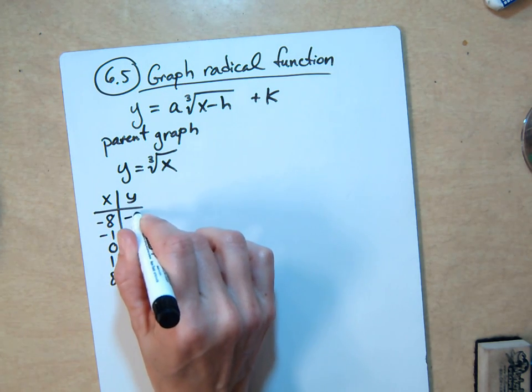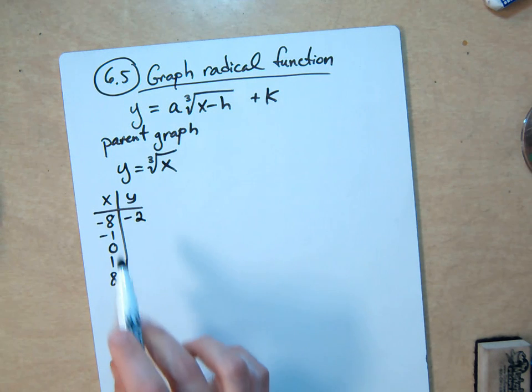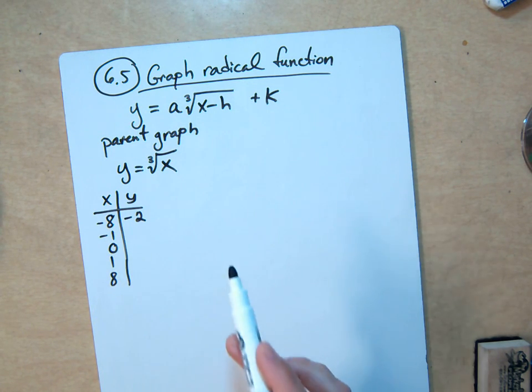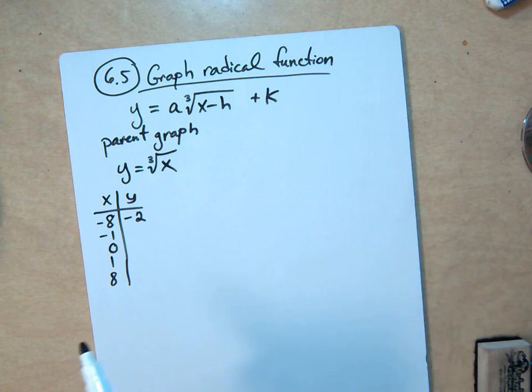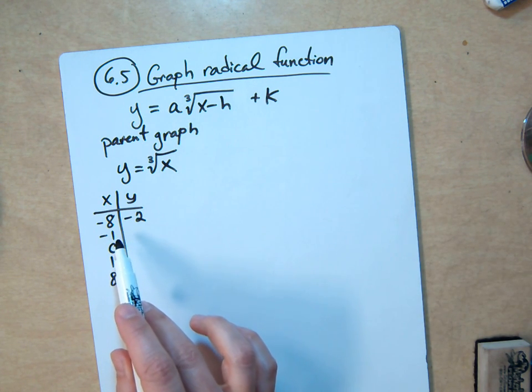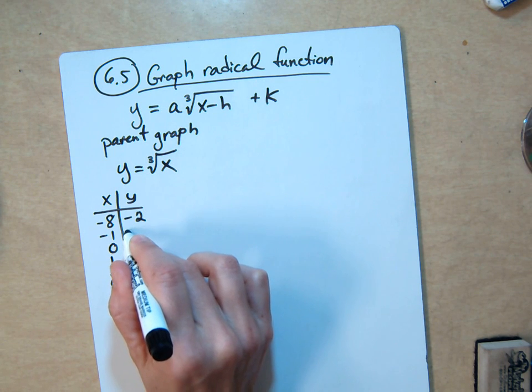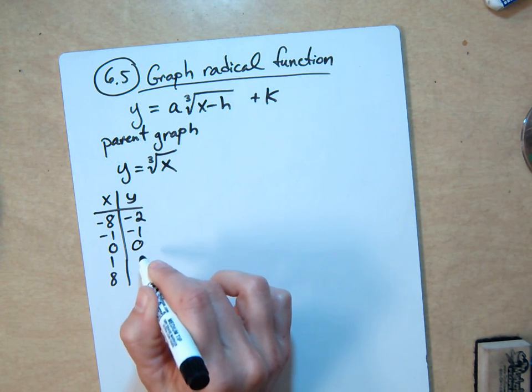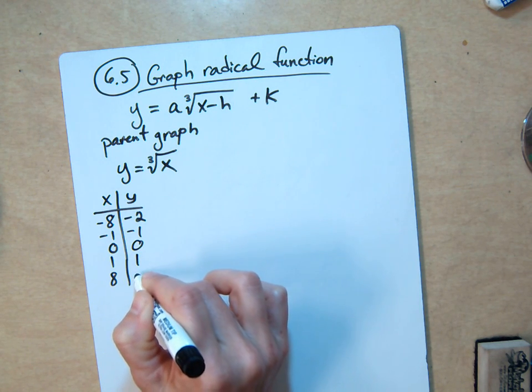Good. This is why we did the other sections. The cube root of -8, when you evaluate that, is -2, because -2 times -2 times -2 gives you -8. Cube root of -1 is -1, cube root of 0 is 0, cube root of 1 is 1, cube root of 8 is 2.